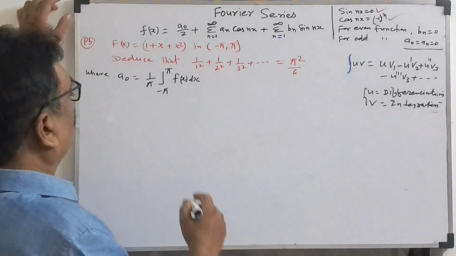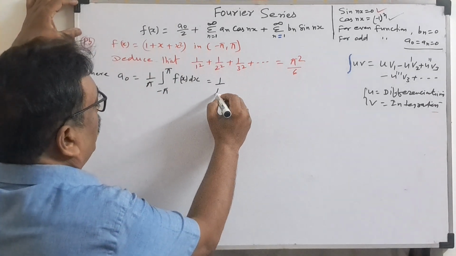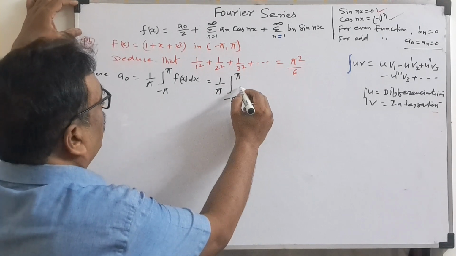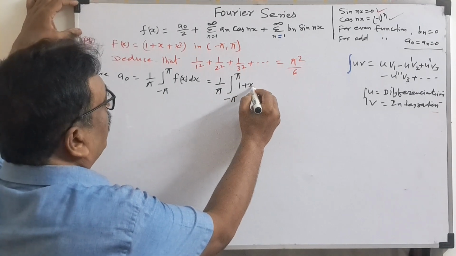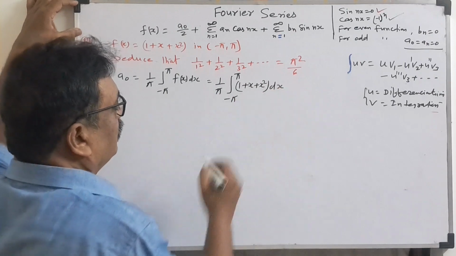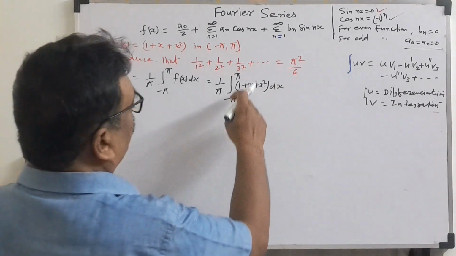This is the a0 formula. Then what is f(x)? This f(x) we will substitute here. So 1/pi times the integral from minus pi to pi of (1 + x²) dx. This we got. Now we have to integrate and apply the limits.